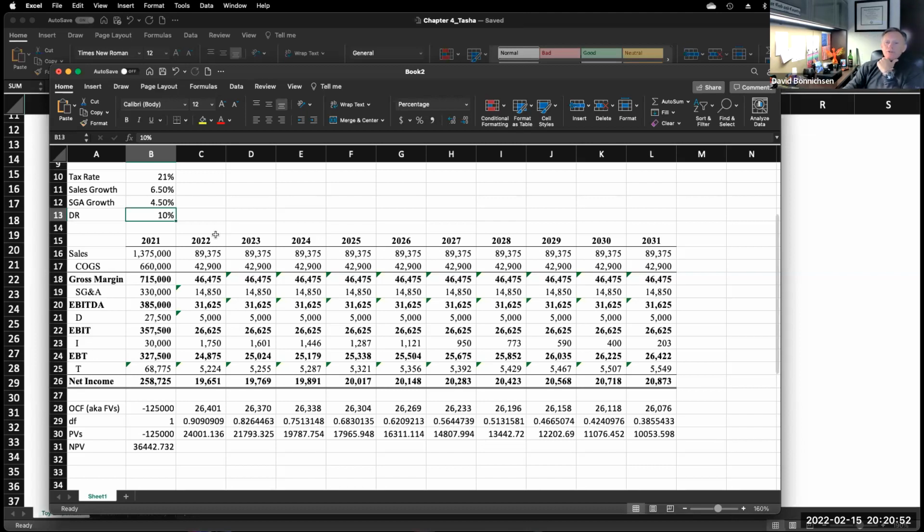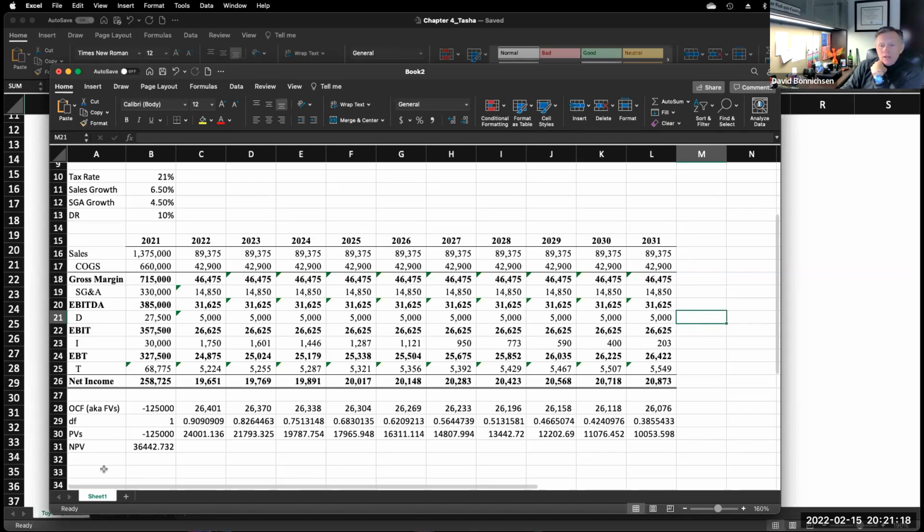So this leads us to the final conversation for the evening, and it's about what's called the internal rate of return. It's the rate of return that forces the net present value to zero.